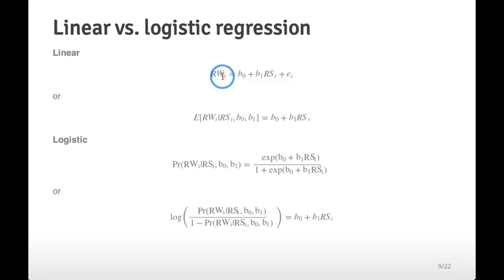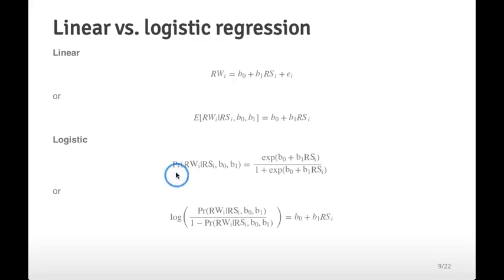Another way of writing this exact same model is to say that we're going to set the expected value, or the average, of the Ravens win variable, the 0, 1 variable, for a specific Ravens score equal to these terms, B0 plus B1 Ravens score i. This is just another way of writing this down. In other words, we're saying the probability of a Ravens win, this is the average of the 0, 1 variables, is equal to a specific value where that value is given by this model.